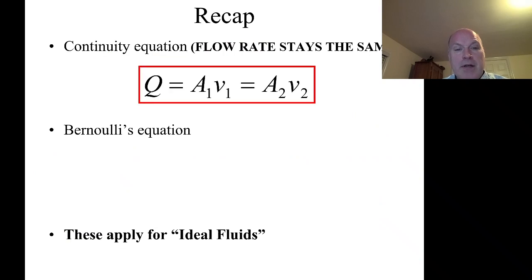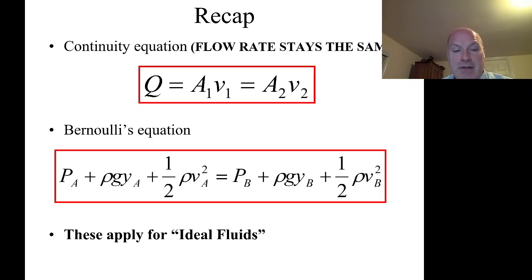So, recap: we've got the continuity equation, which says that the flow rate stays the same everywhere along a tube. It doesn't matter whether the tube is getting wide or narrow, going up or down. This equation works, and it's a relationship where the flow rate is equal to the area times the velocity.